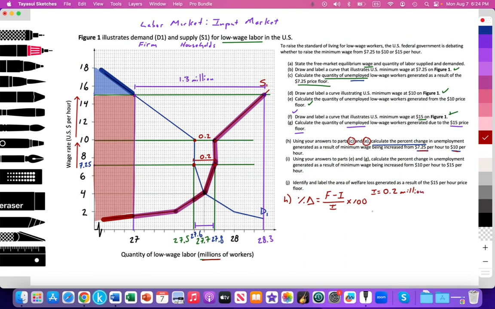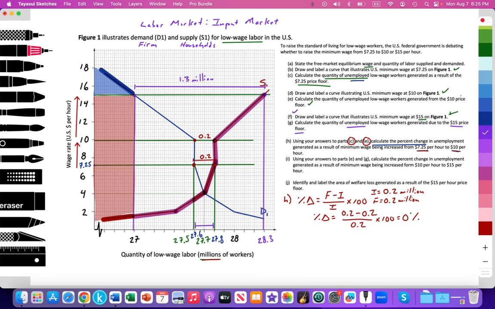And at $10 per hour, the final value of unemployment is still 0.2 million. So it's clear that there's going to be no change here. But just to practice using the formula, percent change in this case would be the final value of 0.2 million minus the initial value of 0.2, divided by 0.2, times 100, and that's going to show us that there's no change. So by increasing the minimum wage from $7.25 to $10 an hour, there's no impact on unemployment. It does not generate more unemployment in this particular case.